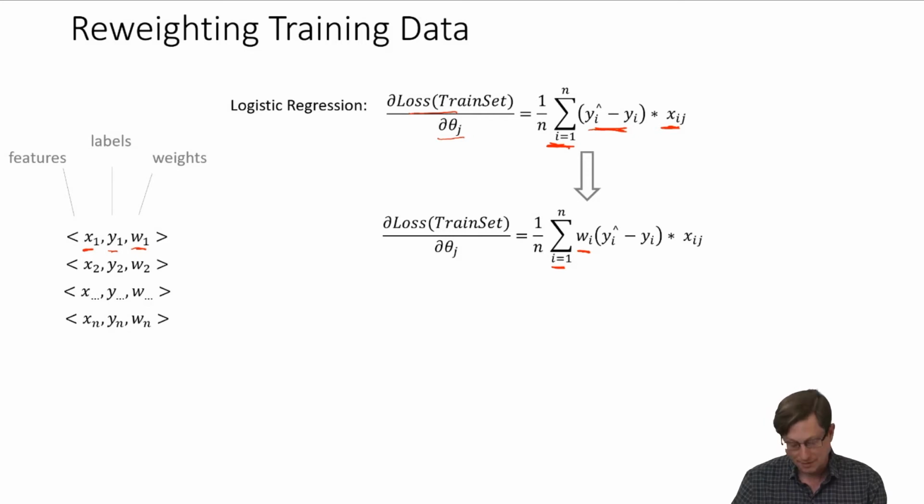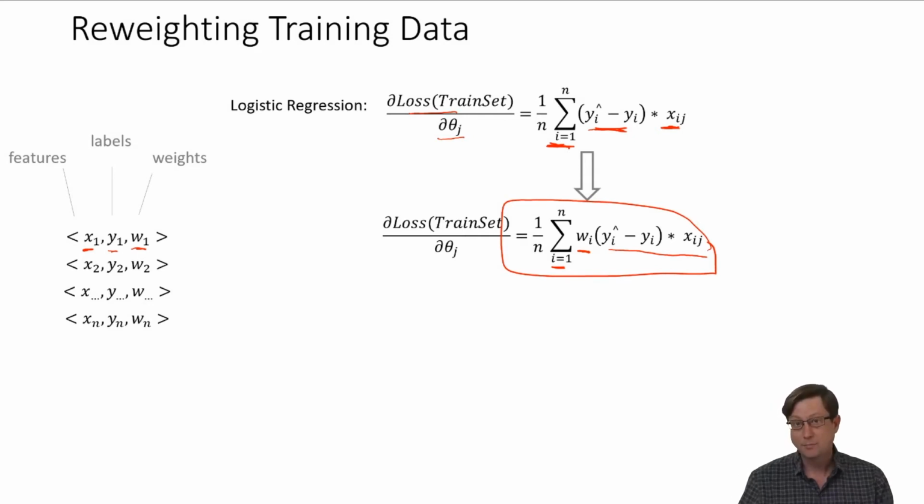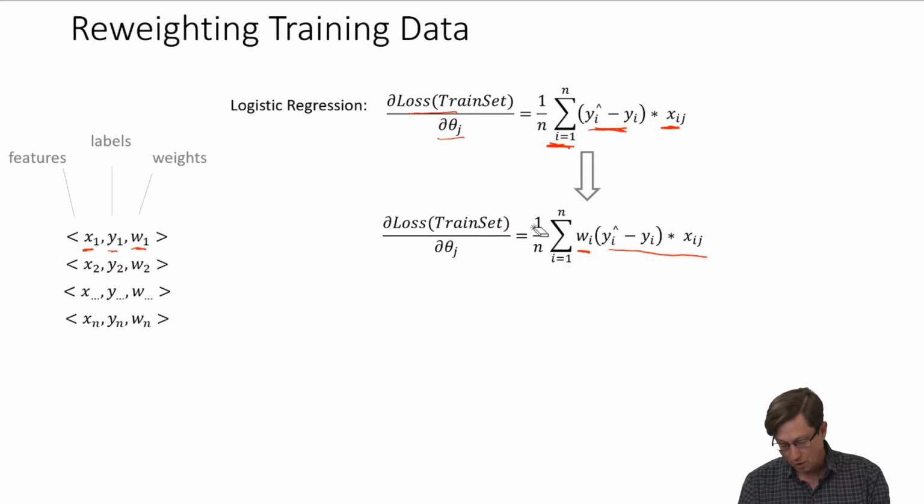So, you know, if it's a 2, you would essentially double the gradient from that sample. If it's a 0.5, you would essentially cut it in half. And then you would use this to calculate the sum of the total gradient. So that's pretty simple to do. Just put the weight in there and you're on your way.